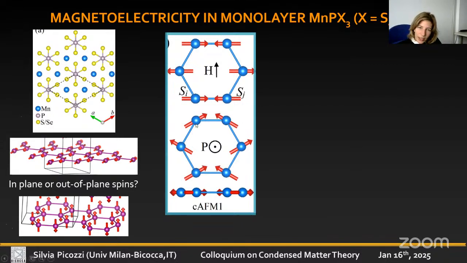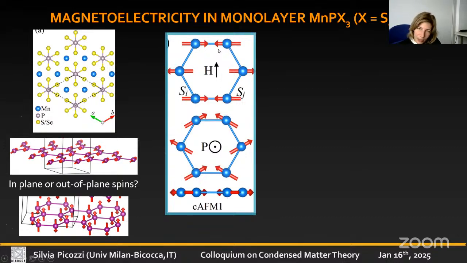So we basically canted the spins by, I don't know, 5 degrees, 10 degrees, 15 degrees, and so on and so forth, so as to mimic the action of a magnetic field in plane, and then estimate if polarization emerged.